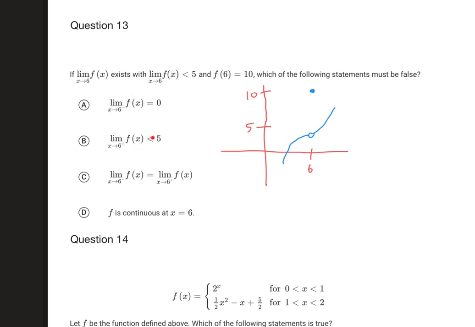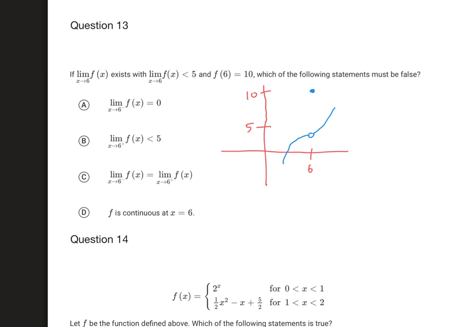This doesn't have to be false because this is actually always true. Same with this one. This has to be true in order for the limit to exist. So which of the following must be false? It must be false that it's continuous at x equals 6. This has to be false because we know the function has to have a hole, because the limit approaches some number that couldn't possibly be the value of the function.